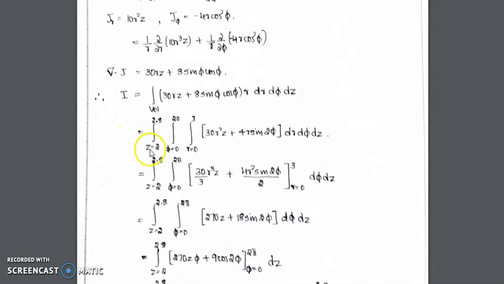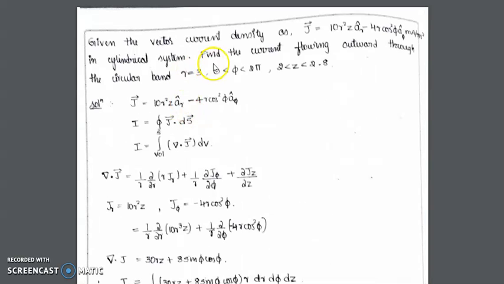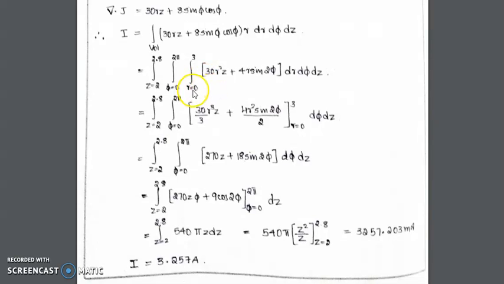If you integrate with respect to Z, phi and R, the limits for Z are from 2 to 2.8, for phi from 0 to 2 pi, and for R from 0 to 3. According to the problem they gave just R is equal to 3, but we will consider it originating at 0 and ending at 3. So we will consider R varying from 0 to 3.